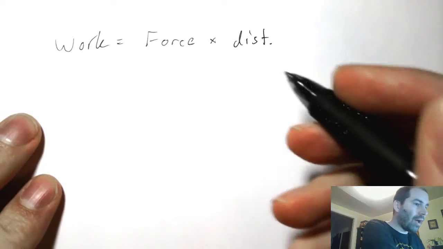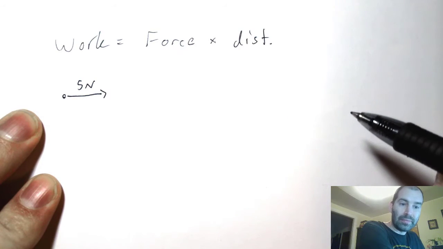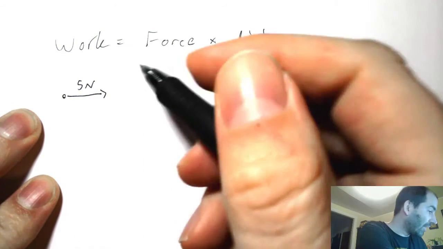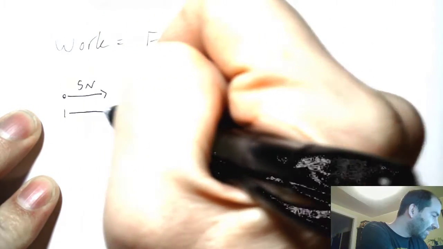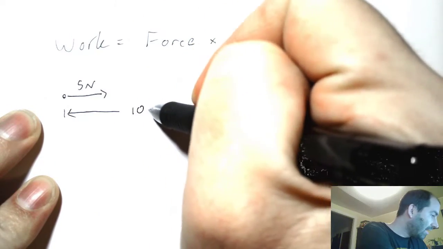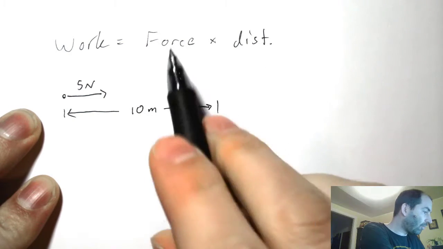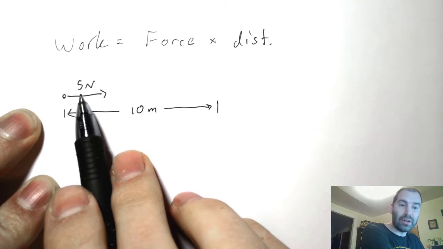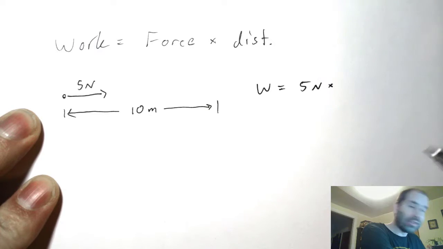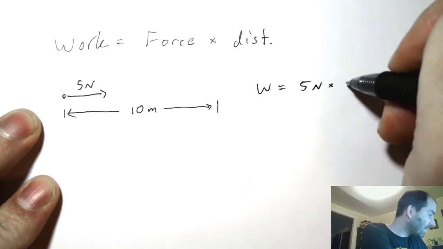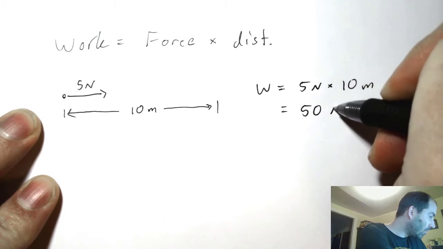So if I were to apply a force of, say, 5 newtons on a sled or a wagon or something like this, or just pushing a refrigerator along the path, over a distance of 10 meters, then the work done would be 5 newtons multiplied by the distance, 10 meters, and of course the answer there would be 50 Newton meters.